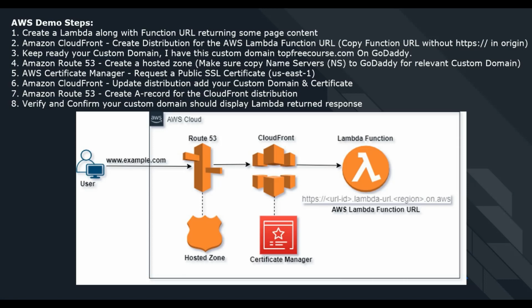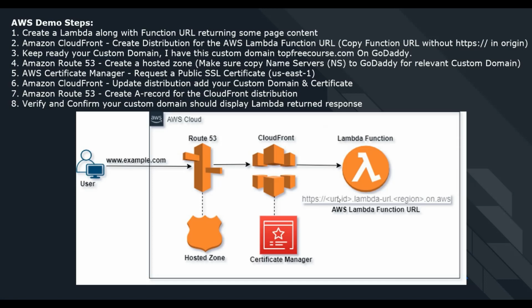Generally, when we add a function URL to a Lambda function, we are able to call it by using a URL pattern like a URL ID, then lambda-url, then the region, and then on.aws. So this is a recently launched new feature of AWS Lambda function URL, so with any existing or new Lambda we are able to attach a function URL.